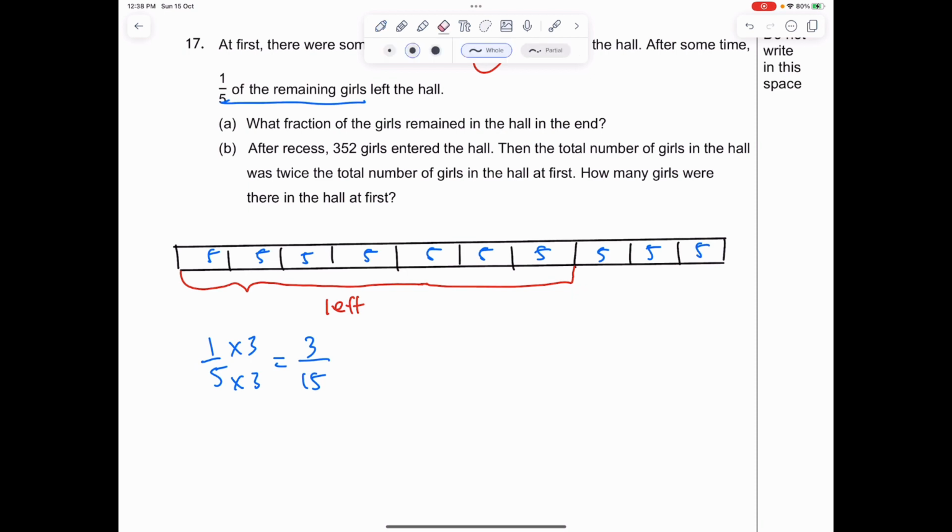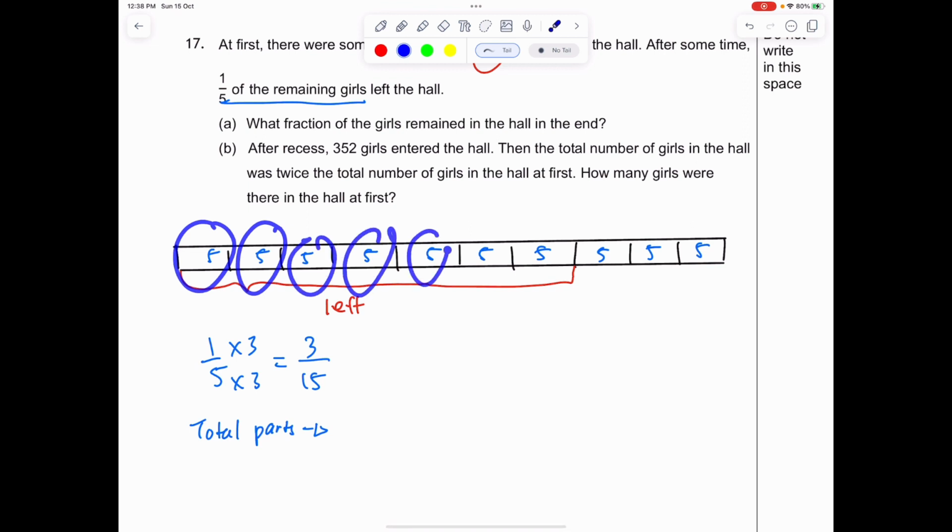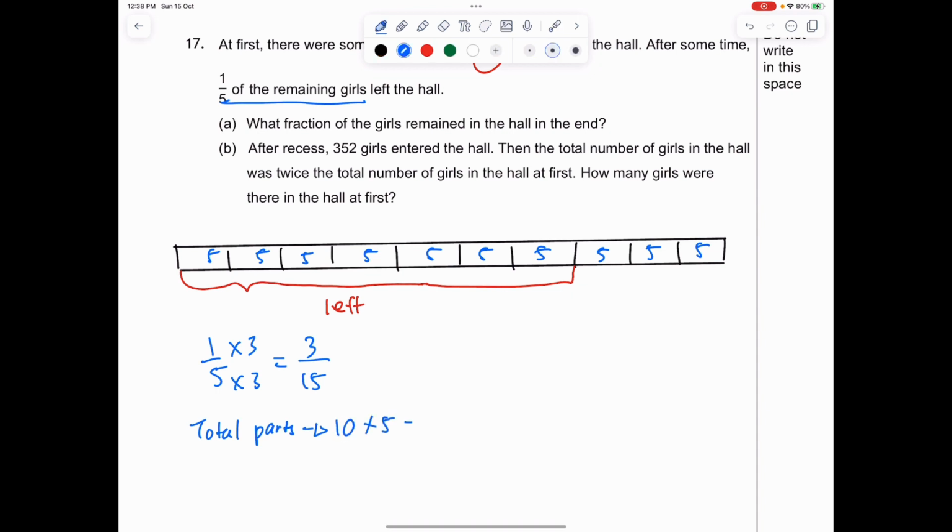So what fraction of the girls remained in the hall in the end? So the total parts in this case would actually be 10 units, 1, 2, 3, 4, 5, 6, 7, 8, 9, 10 times 5. And that would leave me with 50.